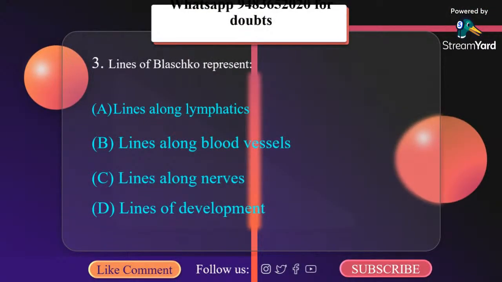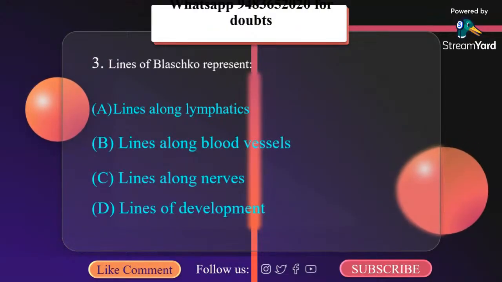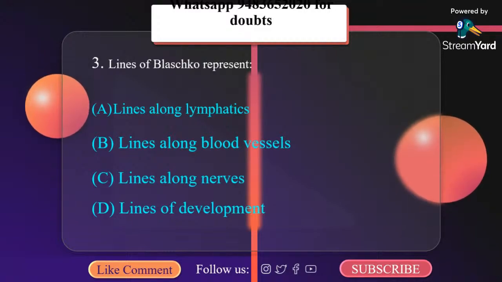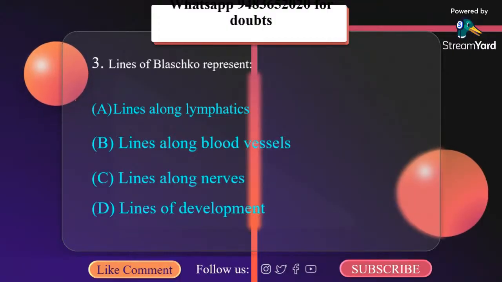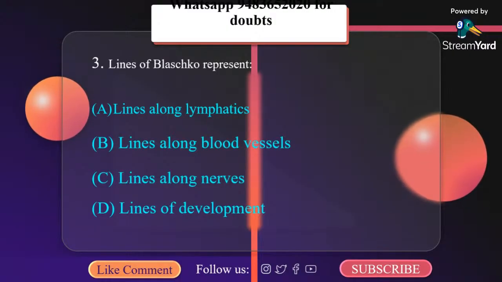Lines of Blaschko are: A. Lines along lymphatics. B. Lines along blood vessels. C. Lines along nerves. D. Lines of development. These lines of Blaschko are defined by a pattern determined by nevoid conditions, representing non-random lines on human skin or mucosa.